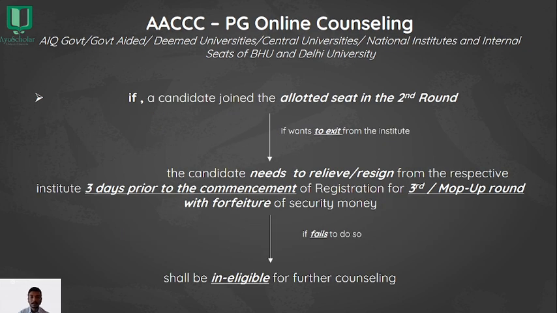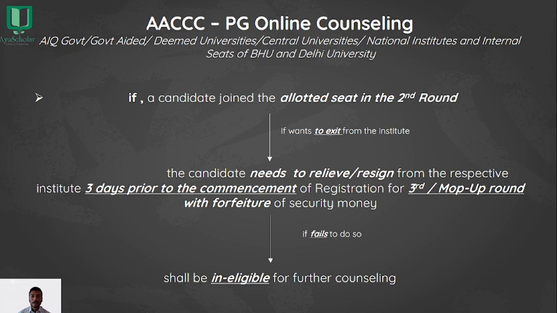The next condition: if a candidate joined the allotted seat in the second round and wants to exit from the institute, the candidate needs to relieve or resign from the respective institute 3 days prior to the commencement of the registration for the third or the mop-up round, with forfeiture of security money. That is, a specific time window is being given from this year.